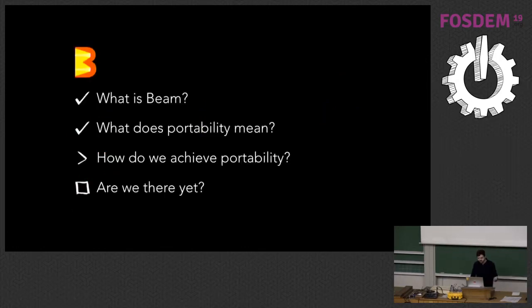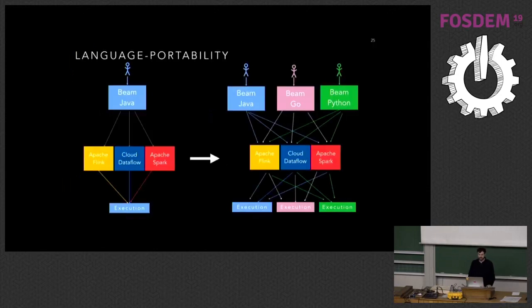So how do we achieve it? If we look at the very abstract translation process of a pipeline, it used to be like this, where we had Java and then a bunch of runners, and they all executed in Java, so they needed to implement their own translation, but once they translated, it was fine.